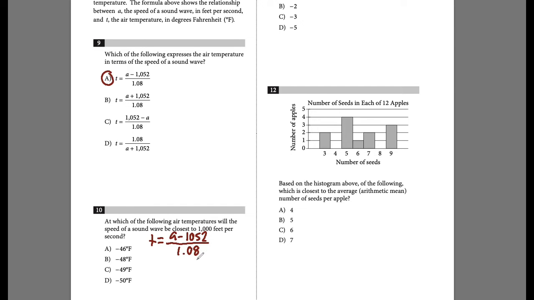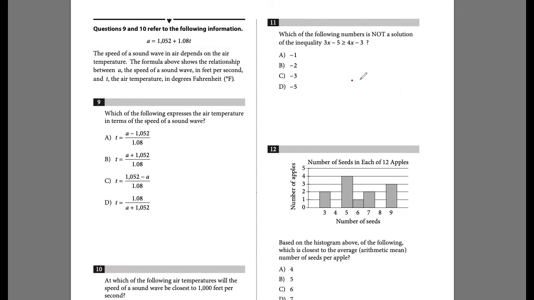And then we're going to plug in 1,000 for A. So instead of A, we'll put 1,000 minus 1052 divided by 1.08. And this is going to be equal to negative 48, which is answer choice B.